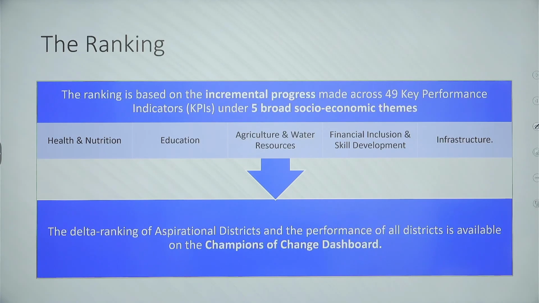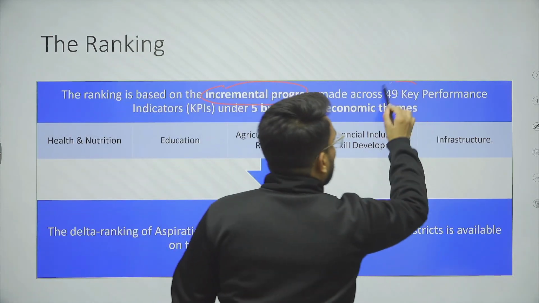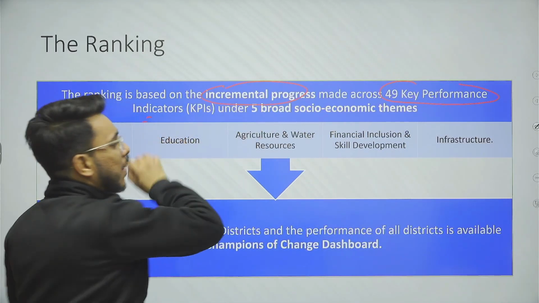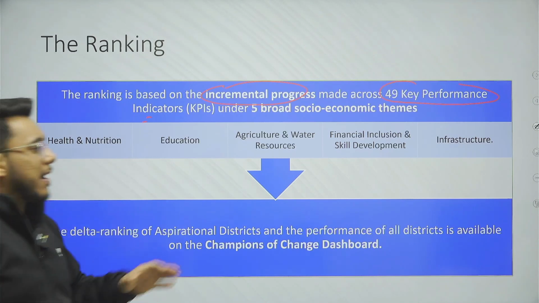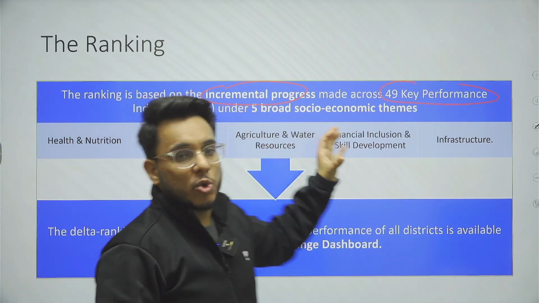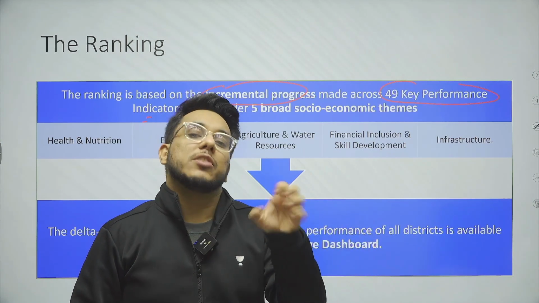Now, when we talk about the aspirational district program and the ranking that's there, the ranking is based on incremental progress made across 49 KPIs, key performance indicators. These 49 key performance indicators are divided into 5 broad socio-economic themes. You don't need to remember these 49 KPIs because it will not be possible.